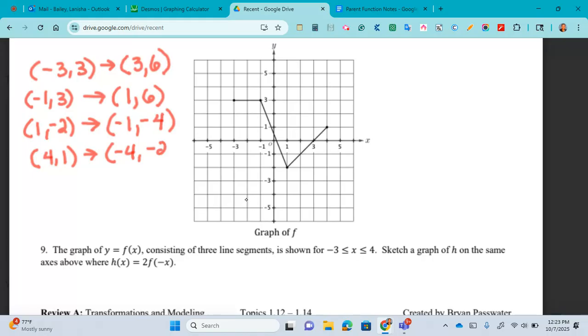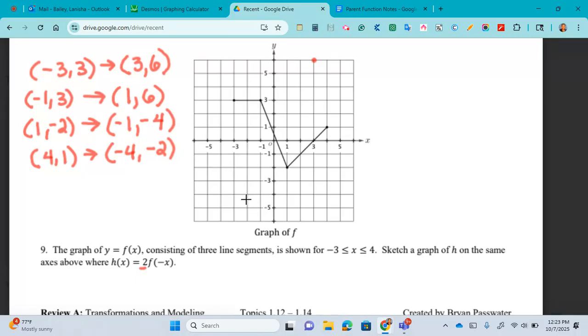Does anyone have any questions about these points? All right, let's plot them. So we have 3, 6. I have a question. Yes, ma'am? I thought we were multiplying the y's by positive 2. Yes, ma'am. So then how do we get 4, negative 4, and then negative 2 in the last one? Our y's at the time was already negative, so negative times a positive is still a negative.